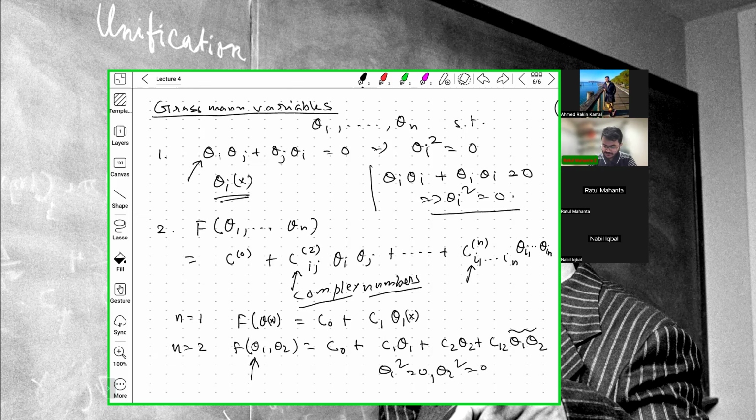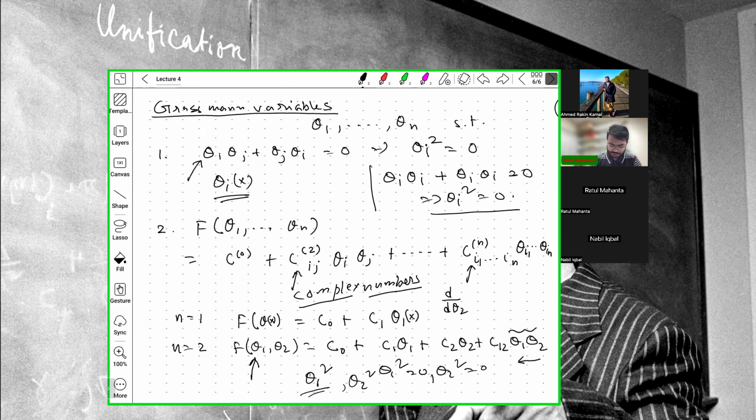You can see that there is no phi 1 squared term or phi 2 squared term. I just discussed it. And also for differentiation, since they are anti-commuting, whenever you are differentiating, for example with respect to theta 2, you have to bring theta 2 to the left and then take the derivative.